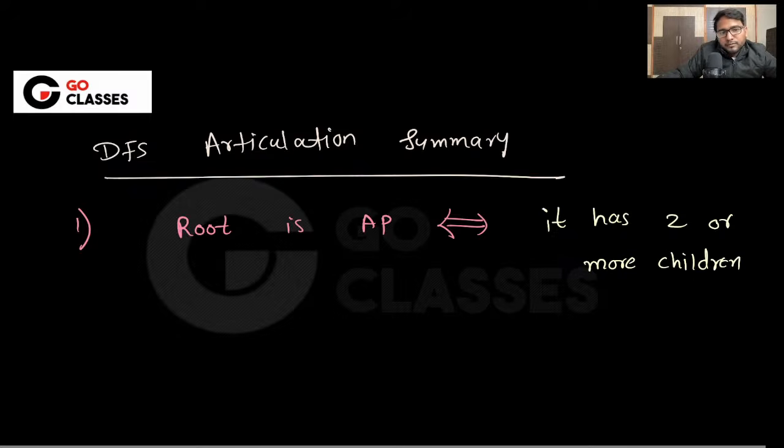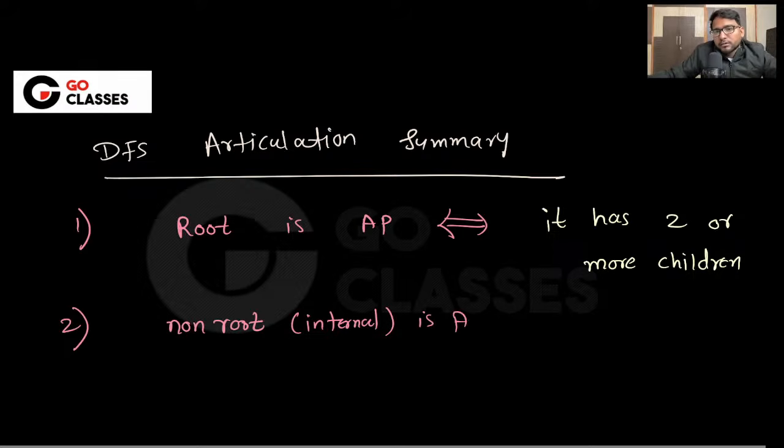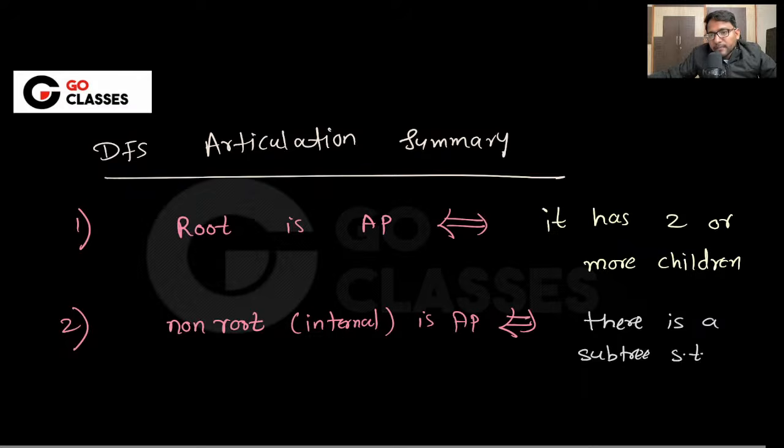What is the second point? A non-root and internal node is an articulation point if and only if there is a subtree which is making it an articulation point. There is a subtree such that none of its nodes is connected to an ancestor, something like that, right?